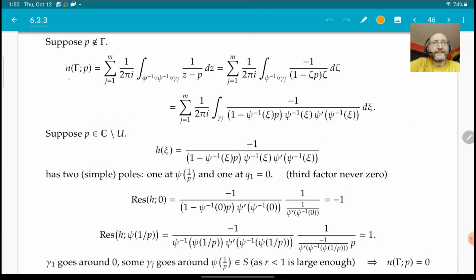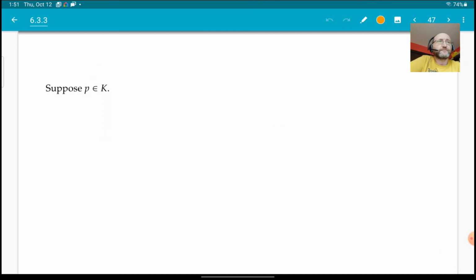So this expression over here is just 0. So gamma is homologous to 0 in U.